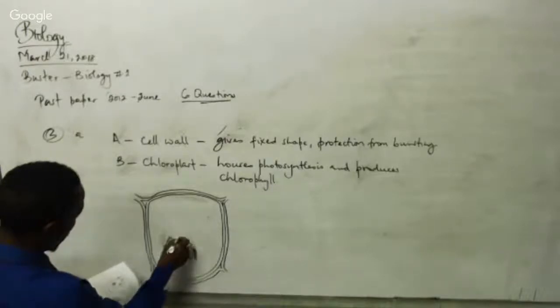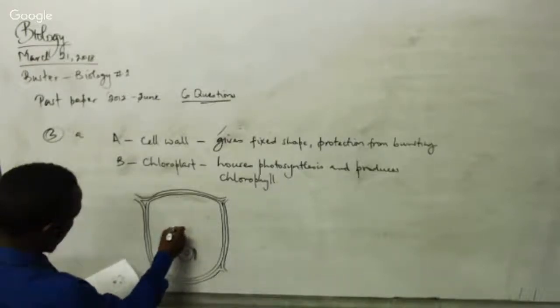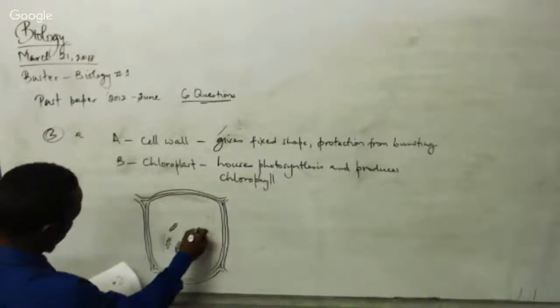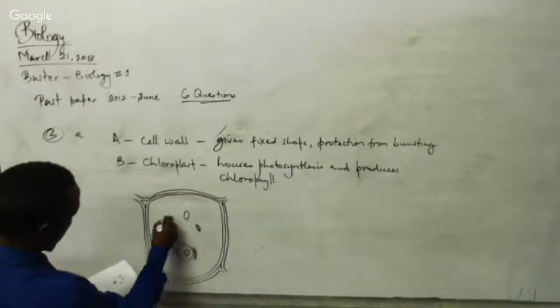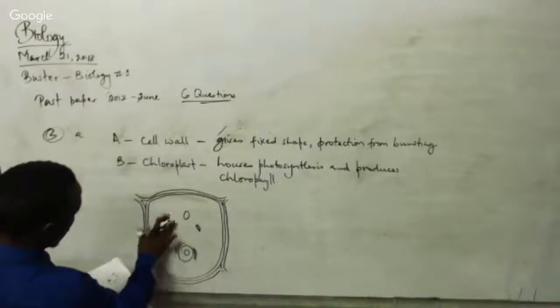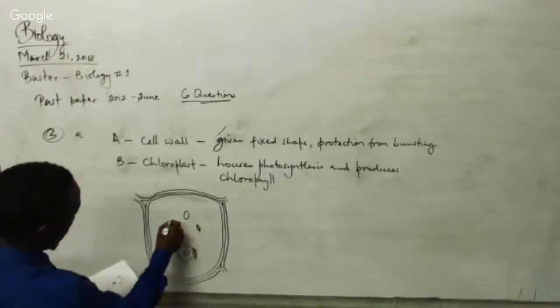The ribosome. Mitochondria are not going to change much. How many mitochondria do we have? 2. The chloroplasts, then put them anywhere.